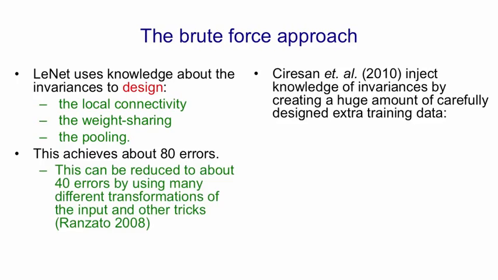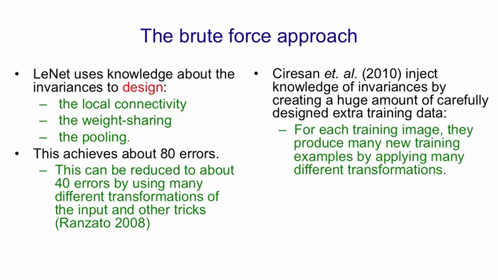A group in Switzerland, led by Jürgen Schmidhuber, went to town with injecting knowledge by putting in synthetic data. They put a lot of work into creating very instructive synthetic data. So for every real training case, they transformed it to make many more training examples.